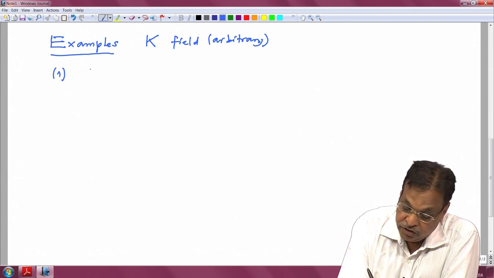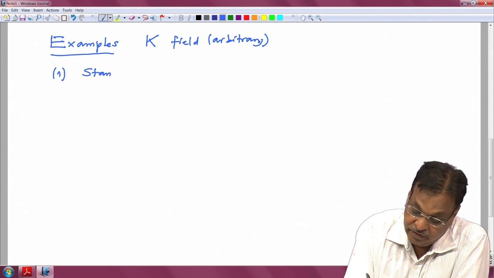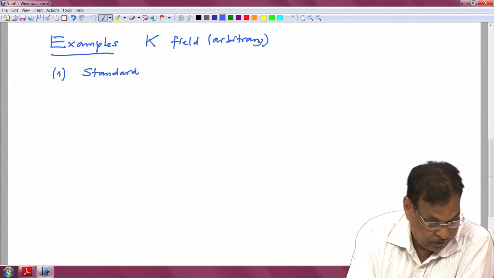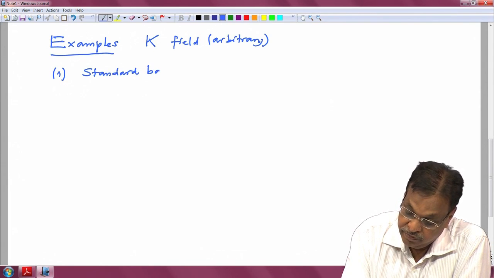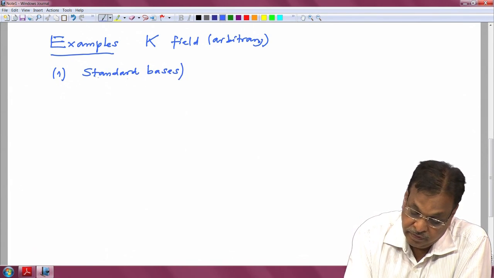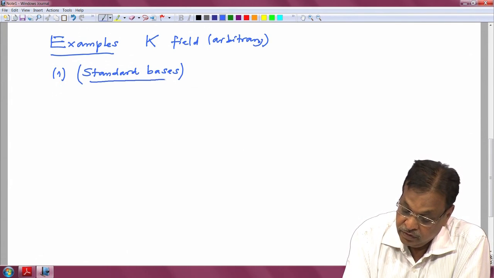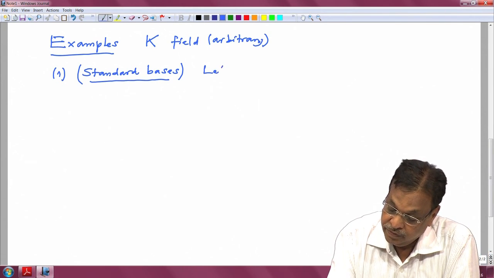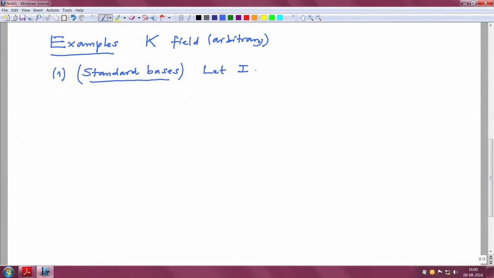this is the standard basis. So, let I be any index set. Usually index set means the set which is used for indices, for enumerating the elements of some set.